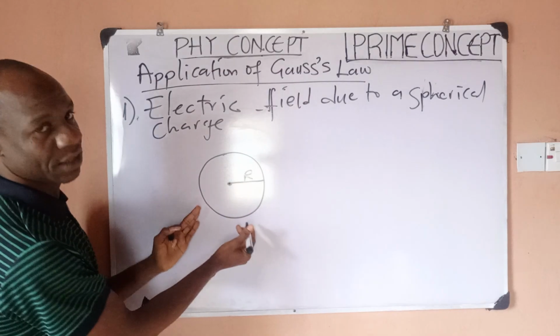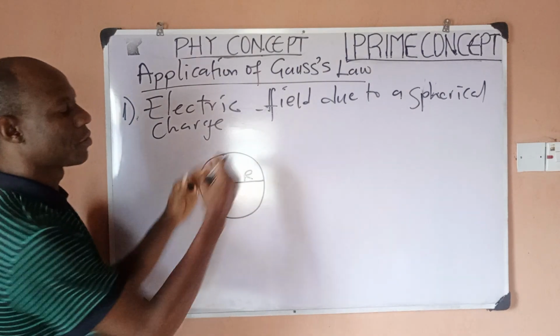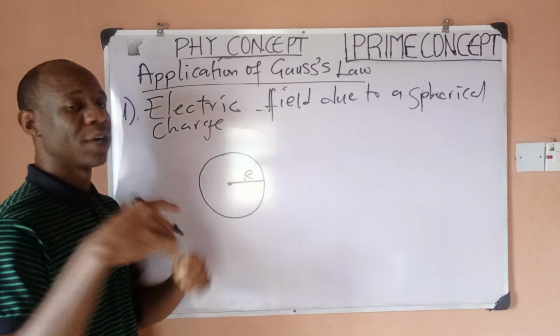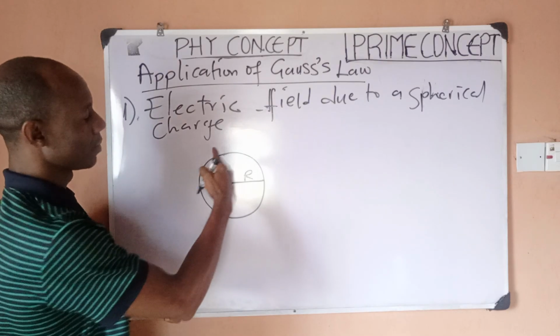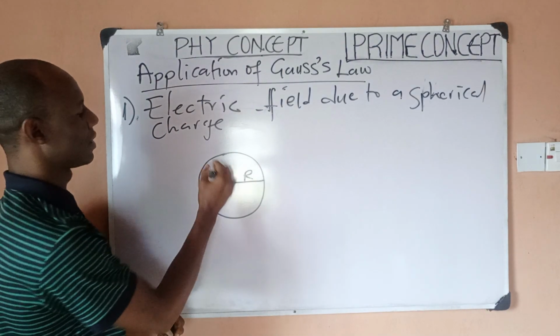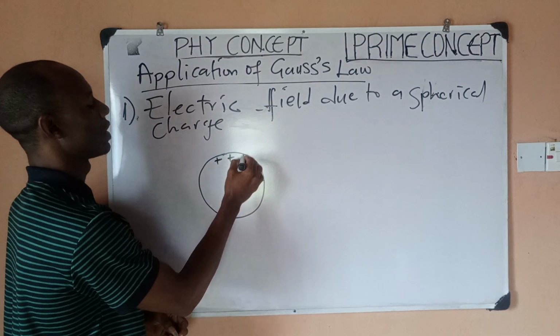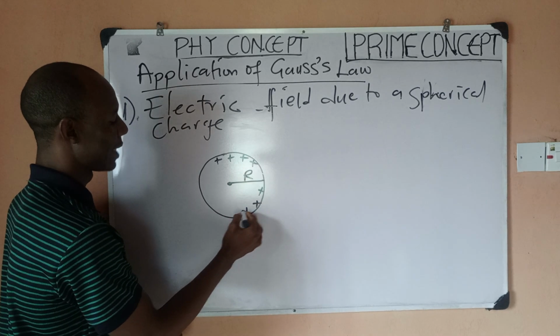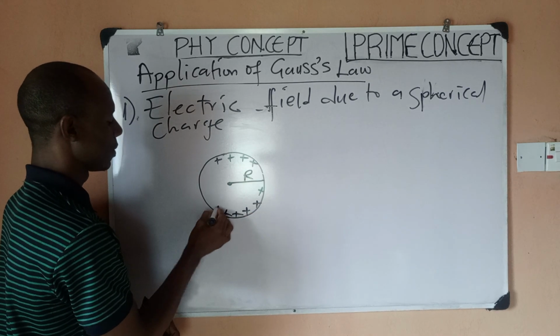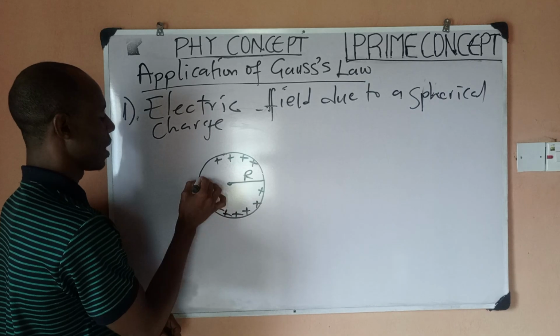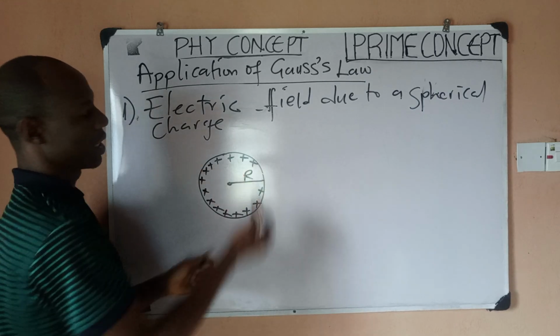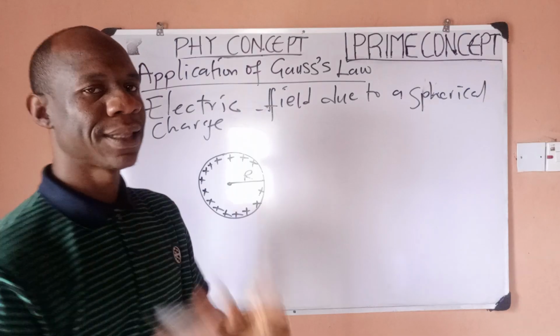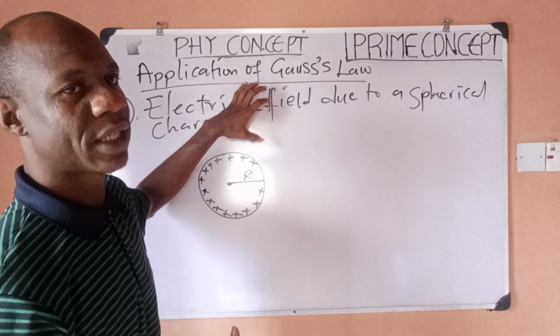Of course, when you say this is a spherical charge, you should know that for a spherical charge or for any surface, the charge is usually at the surface of that system. So if this is a spherical charge, it means that the charges would lie at the edges of the sphere. So this is what we have for a spherical charge, right? Now we're going to consider 3 conditions for a spherical charge.